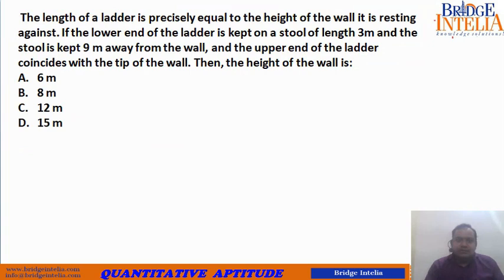The length of a ladder is precisely equal to the height of the wall it is resting against. If the lower end of the ladder is kept on a stool of height 3 meters, and the stool is kept 9 meters away from the wall, and the upper end of the ladder coincides with the tip of the wall, then what is the height of the wall? Let's draw a diagram first.